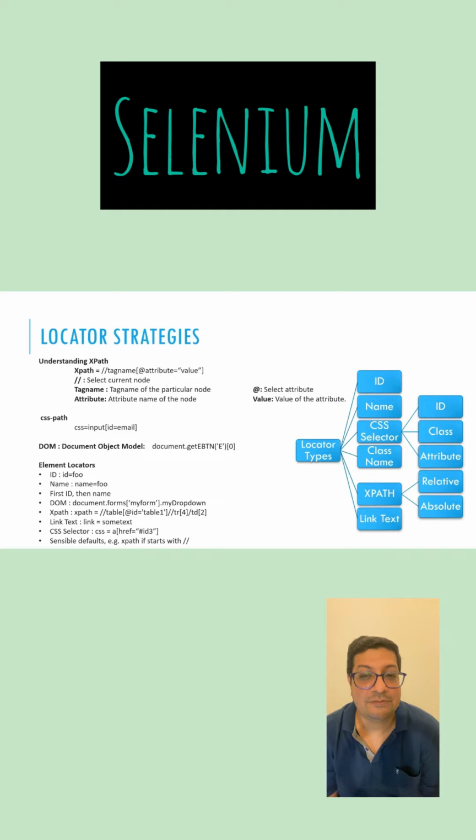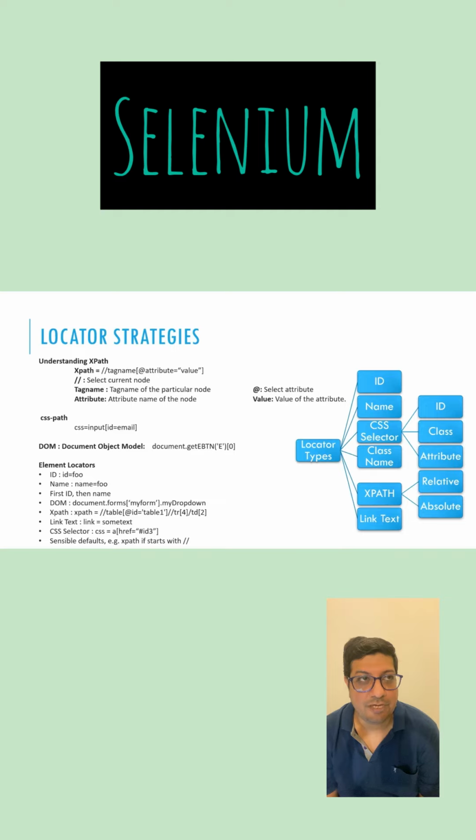Now we have the driver with us, the framework with us. The important thing to know about Selenium is how we can find the locators, the unique element on the screen, so that we can perform actions. There are various locator strategies: you can find an element by its ID, by its name, CSS, and sometimes using XPath.